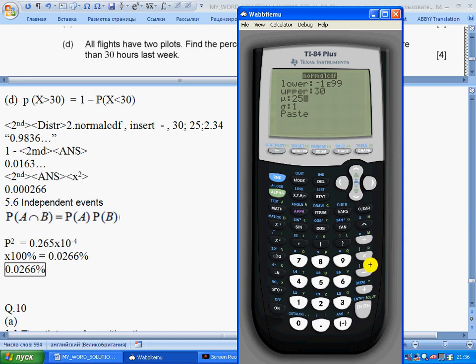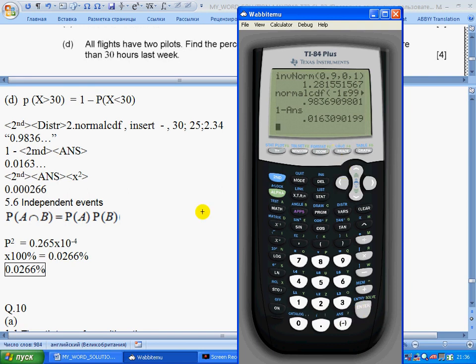Then sigma is 2.34. And let us see how much this probability will be. But we need 1 minus this. 1 minus answer. Second, answer, equals. So this is our probability.